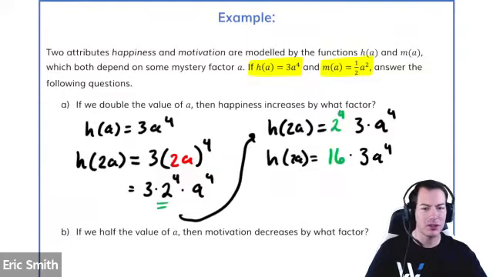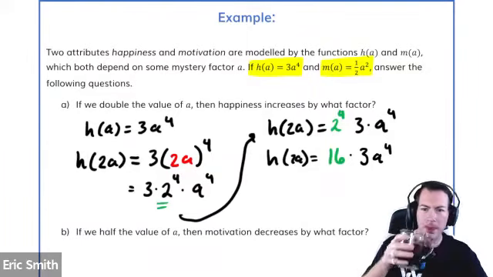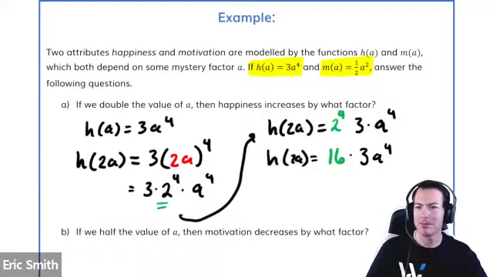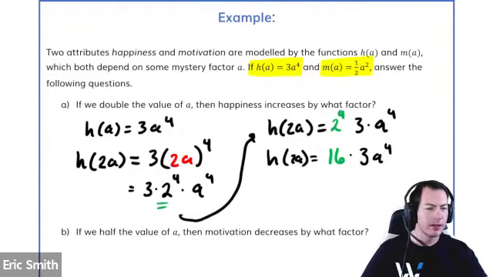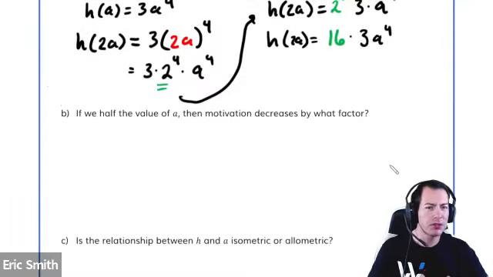All right, thoughts or questions on that example? Excellent, excellent. Once you've seen the process once, it's a good time to go ahead and try it for yourself.